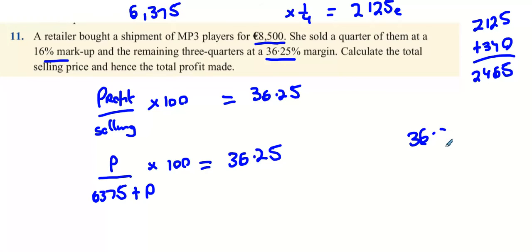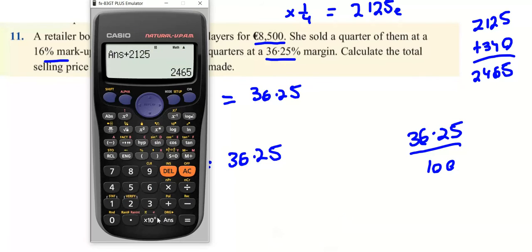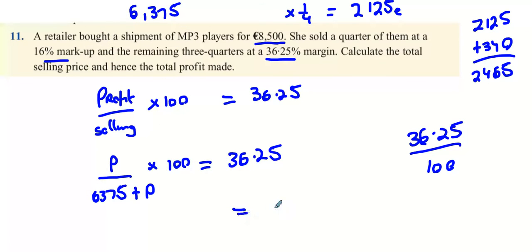So 36.25 divided by 100, which is 29 over 80. So 29 over 80 is the same amount as P over 6,375 plus P. So we're going to cross multiply.